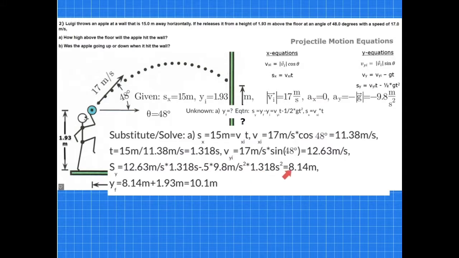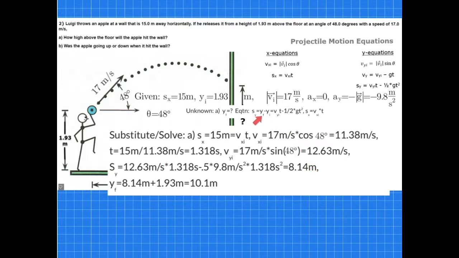We get that the displacement in the y direction from release of the apple until impact with the wall is 8.14 meters. However, what we need is y final.